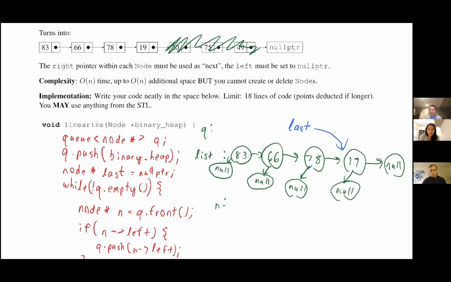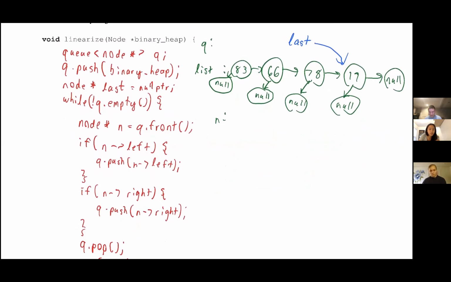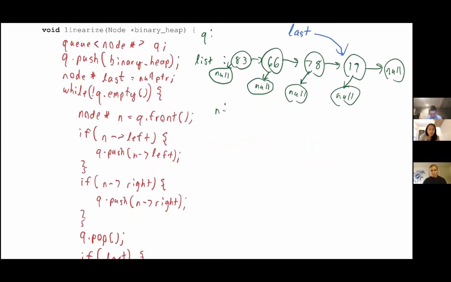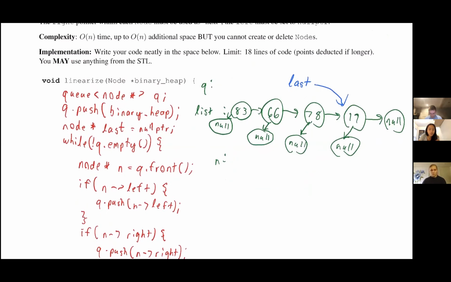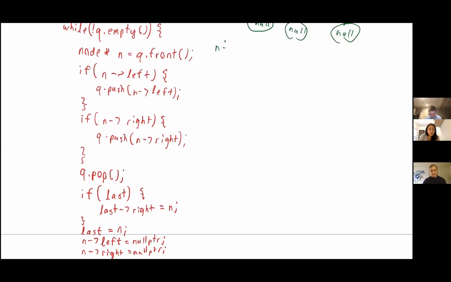Shouldn't we check first if binary heap is empty? Let me think about that. I don't think you would have to. That's a good subtle thing, I guess. So if it's a null pointer, you're going to end up pushing back a null pointer. And I think you would, so you set the left and the right.